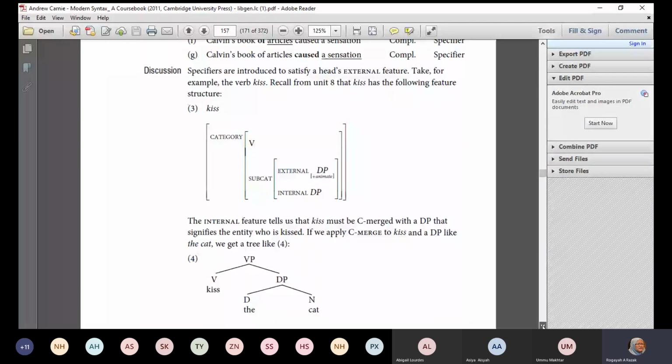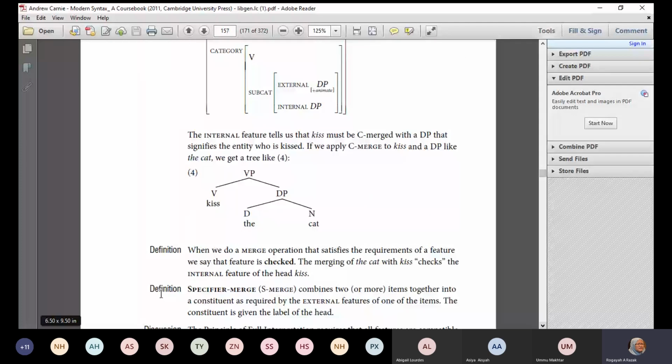So now we have two things: the internal feature of the head, and the newly introduced specifier. The internal feature tells us that kiss must be C-merged with a DP that signifies the entity who is kissed, the one undergoing the kissing, which is the cat.